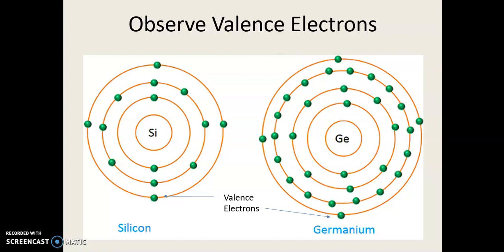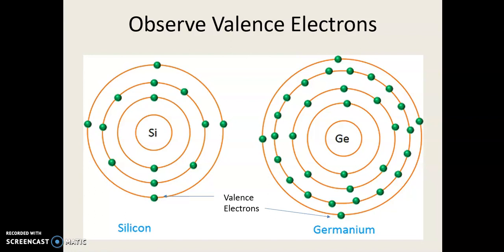When we compare the orbital structure of silicon and germanium, the similarity is that the total number of valence electrons in silicon is equal to the total number of valence electrons in germanium. Whenever the valence electrons are less than 8, the atom starts with recombination.